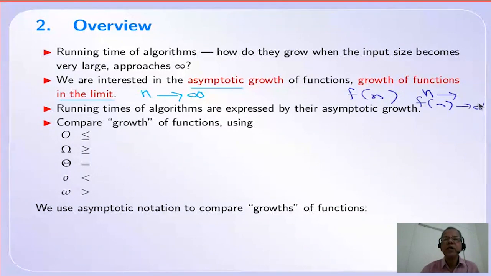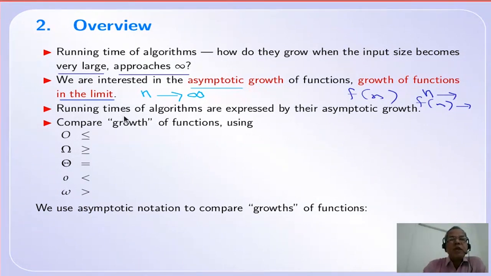We know that. But we are not interested in how f of n grows when n is small. We are interested in knowing how f of n grows or increases when n becomes very large. Those are the words: very large, in the limit, approaches infinity, and so on.